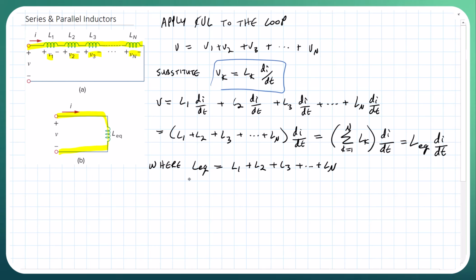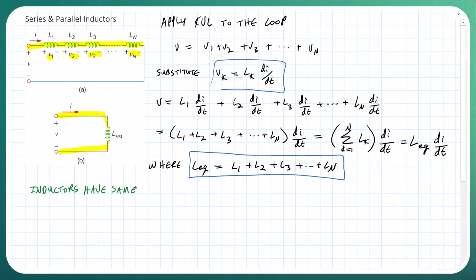So this is our equivalent inductance when we have inductors in series. So here we see that inductors have the same behavior as resistors.